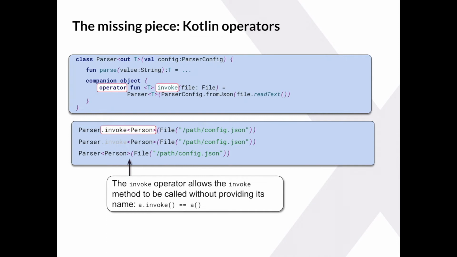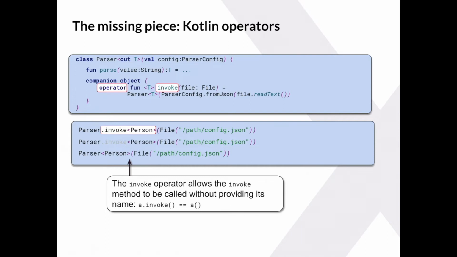So what we have here is, we could say parser invoke, then we would just instantiate something, whatever, it doesn't really matter what it is. And because we have used operator invoke, we need to use the name invoke. If you use another name, you would get a compilation error. So all the operators you can use in Kotlin are limited, and they really have a very clear purpose and destination. So if you want to achieve what we achieve here, you have to use the combination operator invoke.